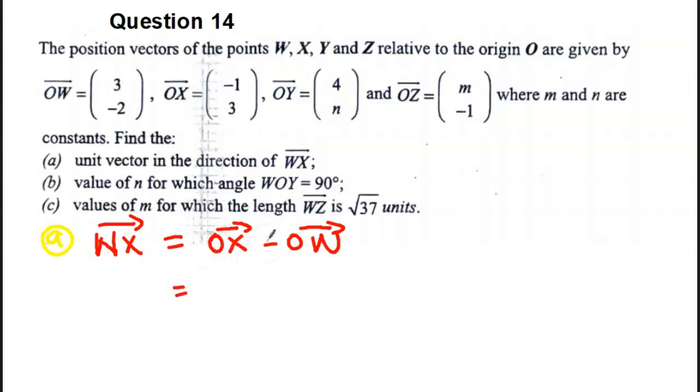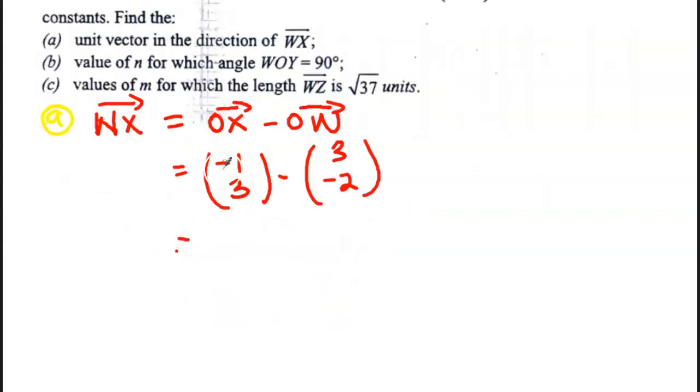What is the position vector of X? That is minus 1, 3, minus 3, 2. So minus 1 minus 3 is minus 4, and then 3 minus 2 is 5.